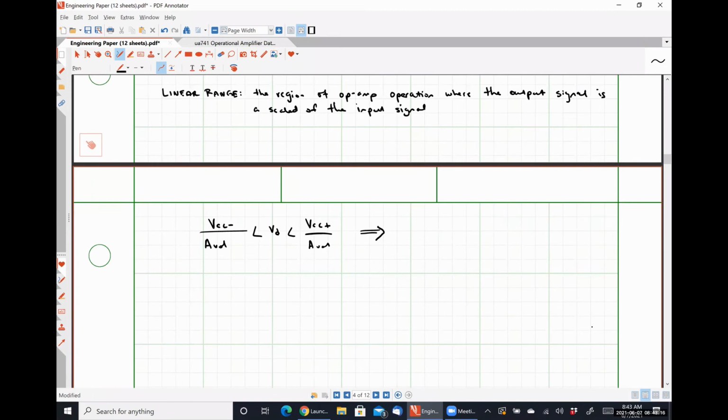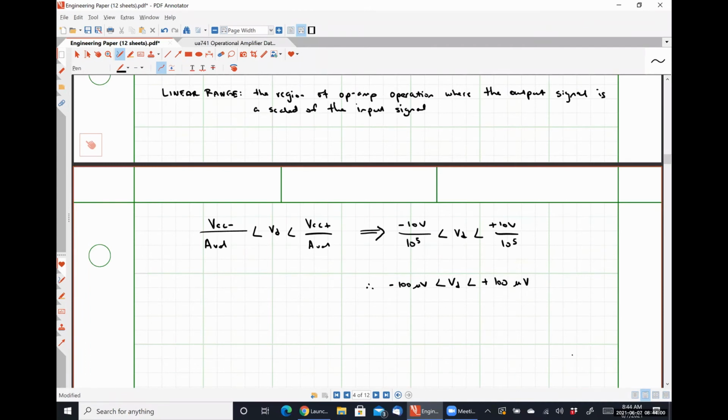So we'd have negative 10 volts divided by 10 to the 5 volts per volt is less than VD is less than positive 10 volts over 10 to the 5, giving us a linear range of negative 100 microvolts is less than our differential voltage is less than positive 100 microvolts. Okay.